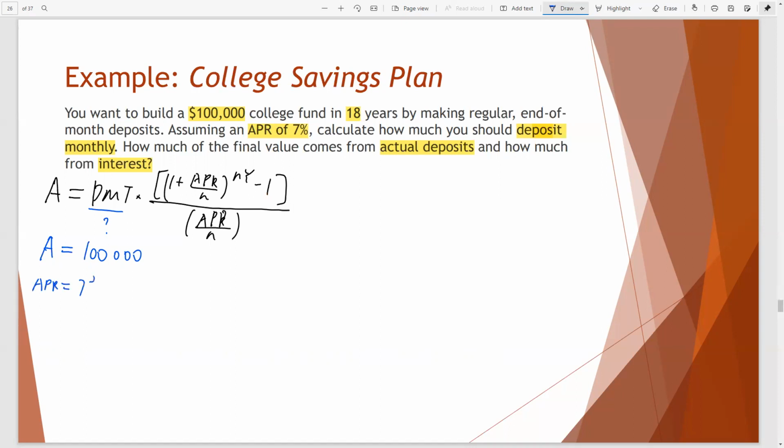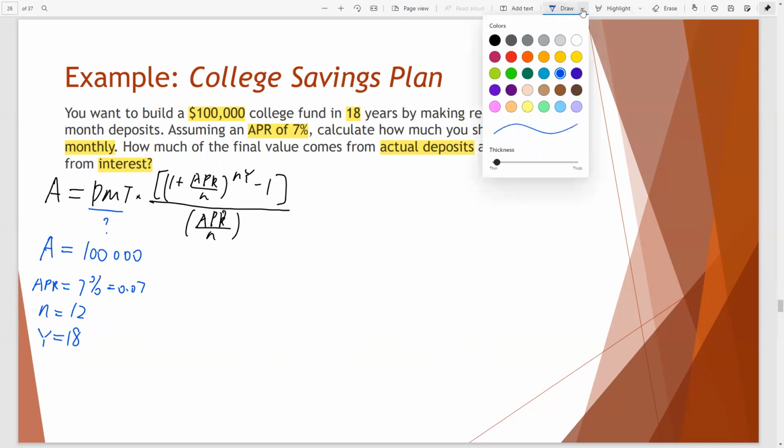The scalar has everything known, right? APR is 7%. N is 12 months, since you're making monthly payments, and 18 years. Maybe it's a college fund for the kid.